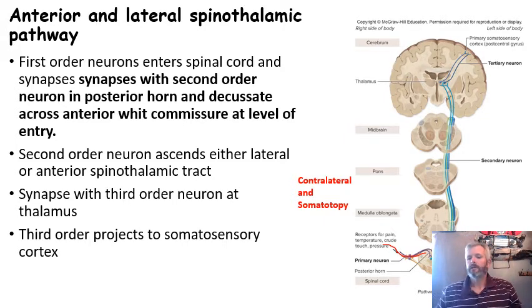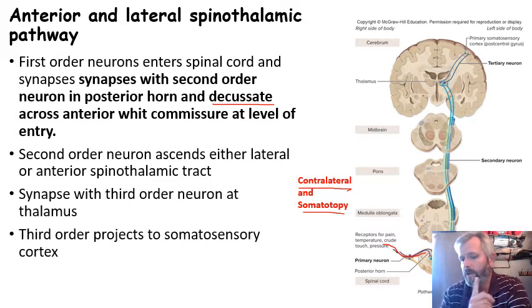Many times the information, especially in this case, is going to cross over, or decussate. Hopefully that term looks familiar from your anatomy days, in that the left sensory information is going to go to the right side of the brain. It's going to be contralateral. Also, there's somatotopy, and we'll talk about that in a second. But let's get our sensory information up to where it needs to go in the brain.